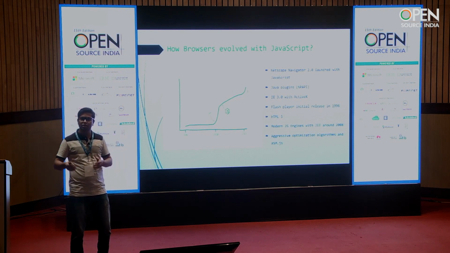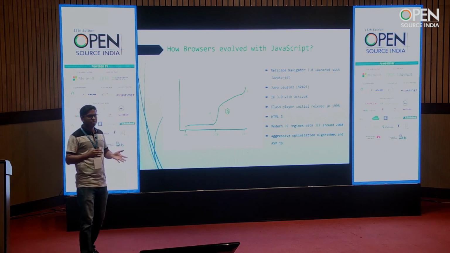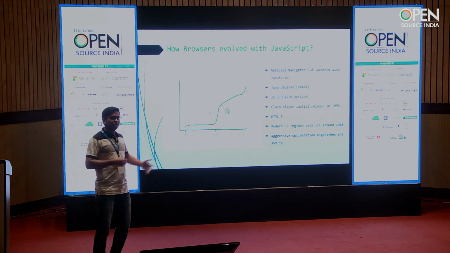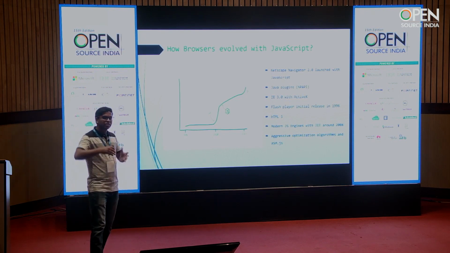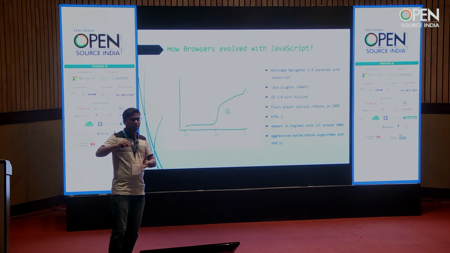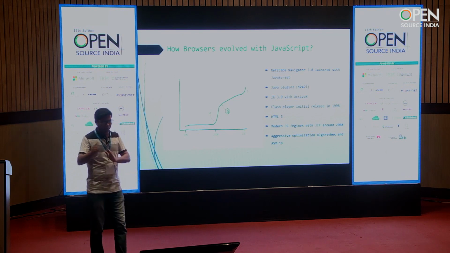Has anyone heard about ASM.js? It's let's say the older brother of WebAssembly. These were aggressive optimizations made in ASM.js. You write your code and compile it to ASM.js-compatible code, and that performance improvement was very good.